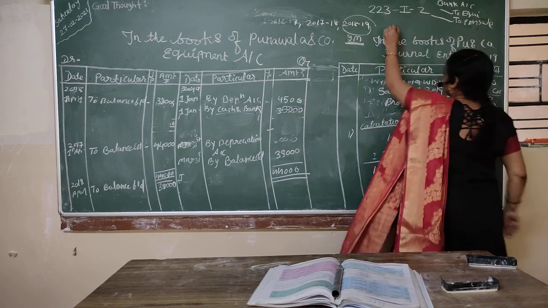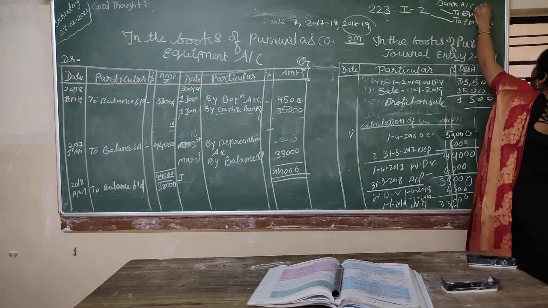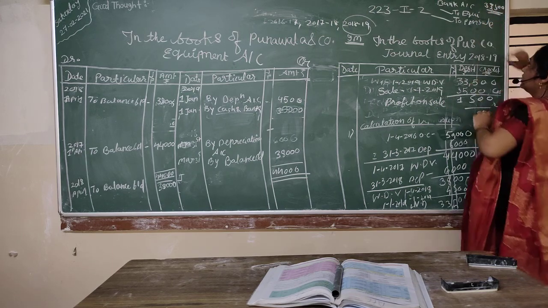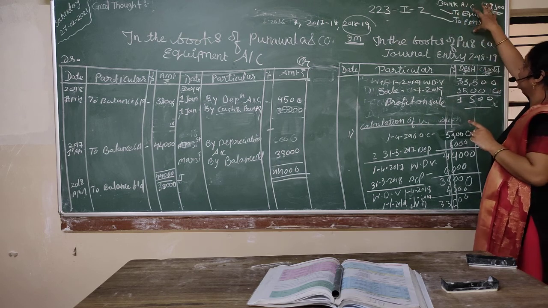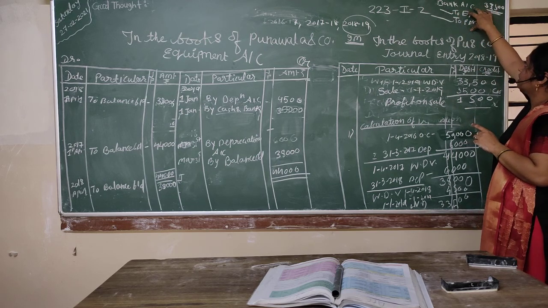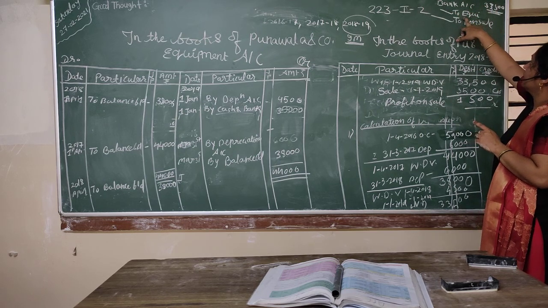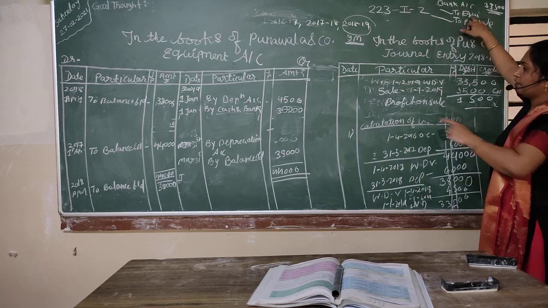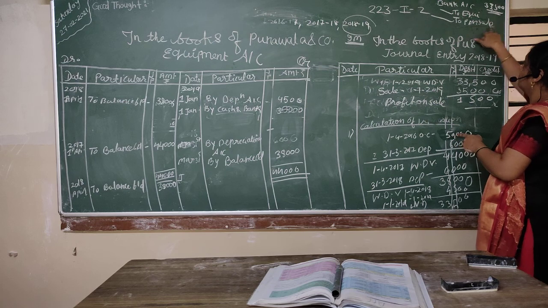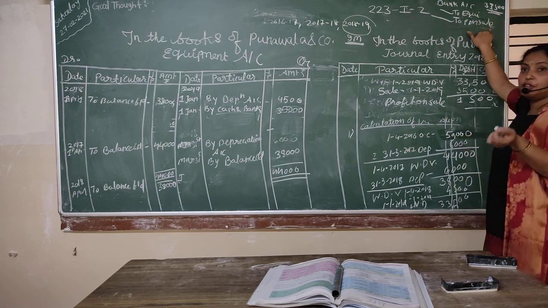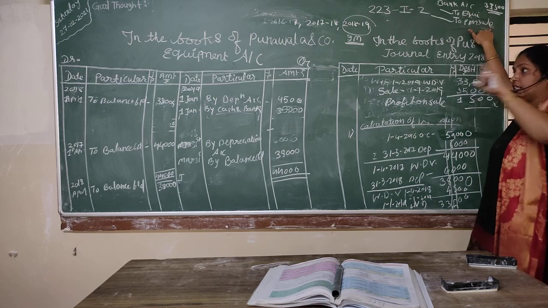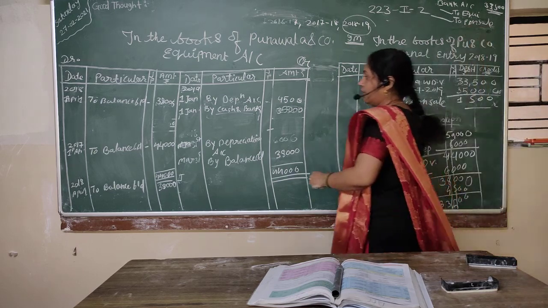Then 35,000 minus the profit amount will be 33,500 that you will get. It means if one account is on the debit side and two accounts are on the credit side, we will record these two on the credit side. So for equipment we have recorded the sale, and the profit on sale will be shown in the profit and loss account credit side and equipment account debit side.